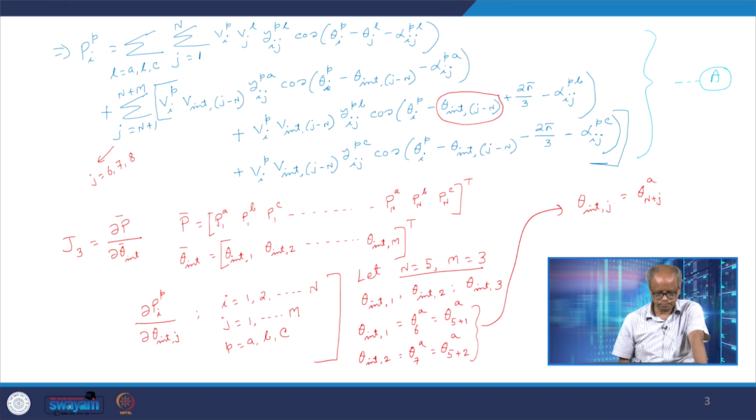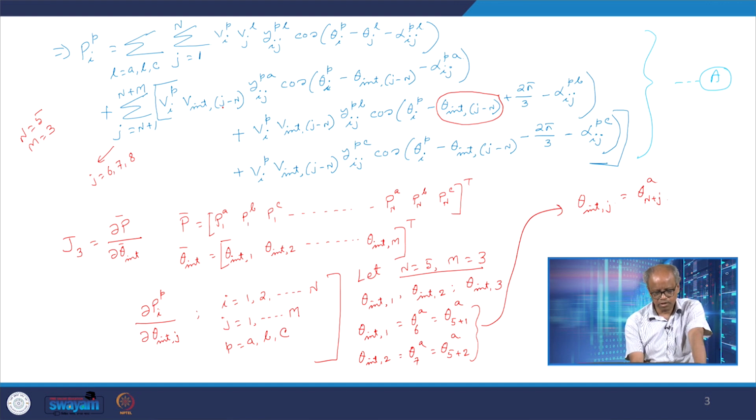Now here again, in this expression, when we are talking about V internal j minus n, as we have already said, j varies from 6, 7, 8 and n is equal to 5. So if n is equal to 5 and m is equal to 3, then j takes the values 6, 7, 8.